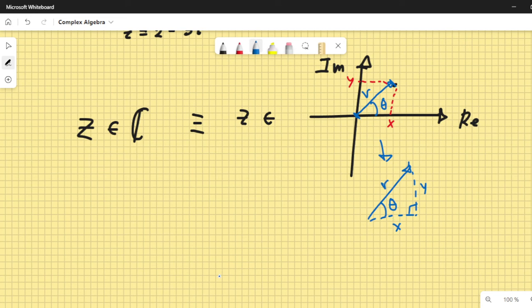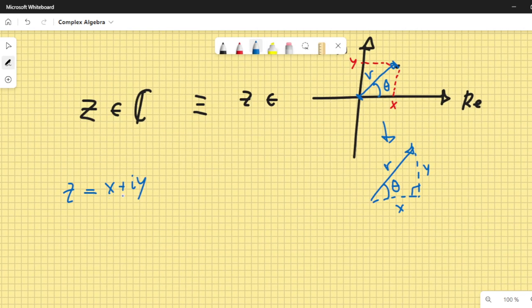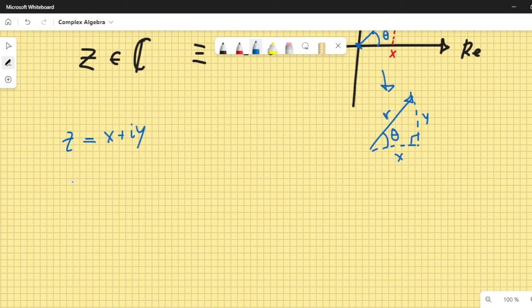And you may have a complex number in the x plus iy form, which now you know why it's also called the rectangular form of the complex numbers. But you also may have, like in physics, the polar form, okay, which is the length of the arrow and the angle of this arrow.